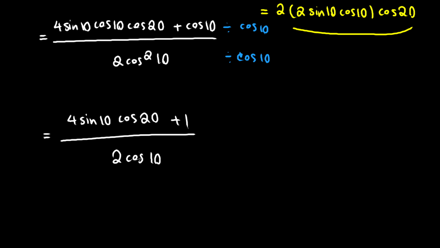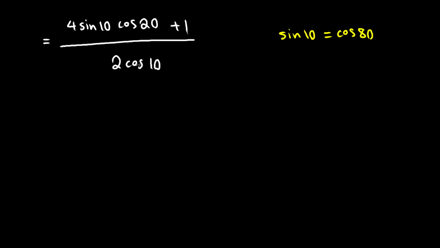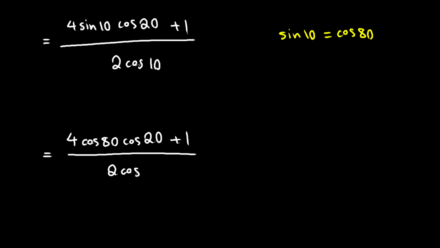Now, let's go ahead and replace sine of 10 with cosine of 80 because 10 and 80 are complementary angles. So then we will have a product of cosines because we will have 4 times cosine of 80 times cosine of 20 plus 1 divided by 2 times cosine of 10.